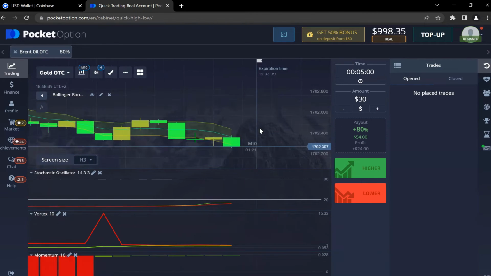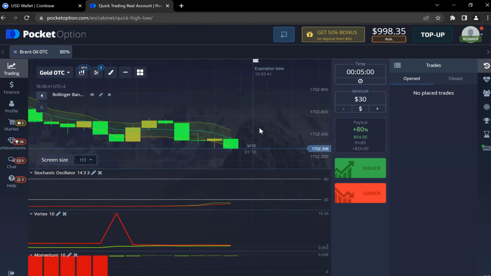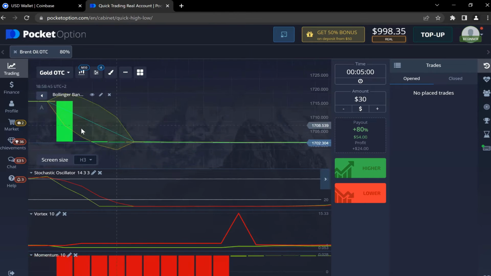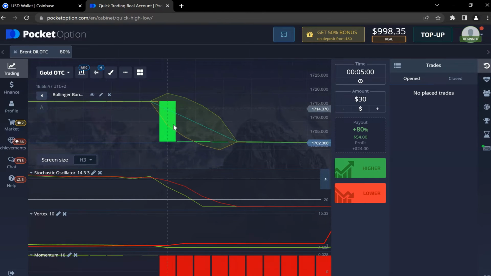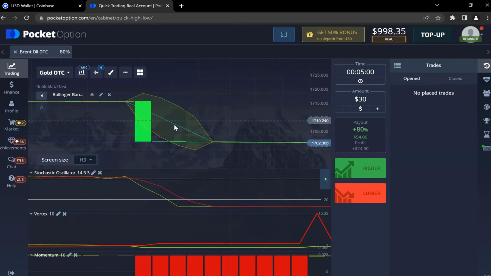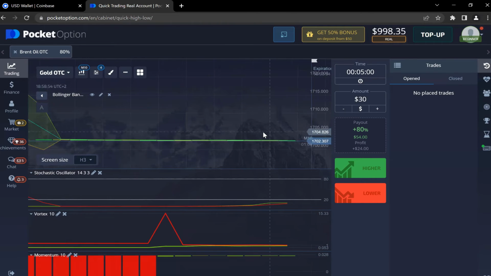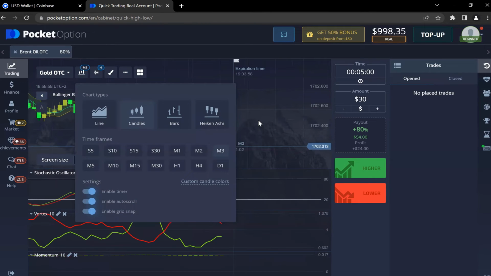Gold be having those big drops. Like, never caught one of these big, like this drop right here, man. That's early in the morning for me. I'm gonna have to look at the lower time.